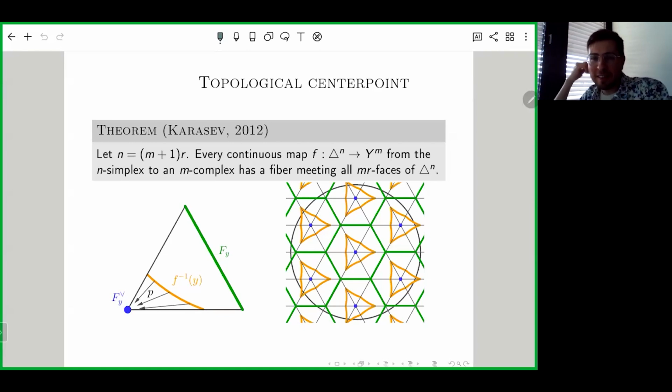Now this extended orange fiber, after all the reflections, has zero width in this particular picture. In general, we'll have a small width of certain dimension because it can be projected, as in the picture on the left, to a certain sub-simplex of my simplex.